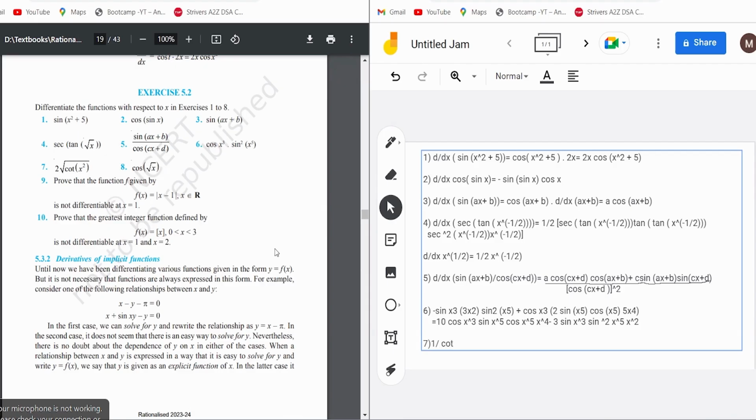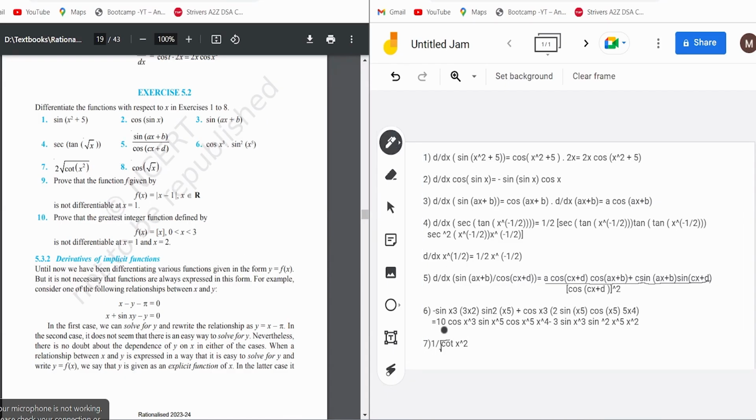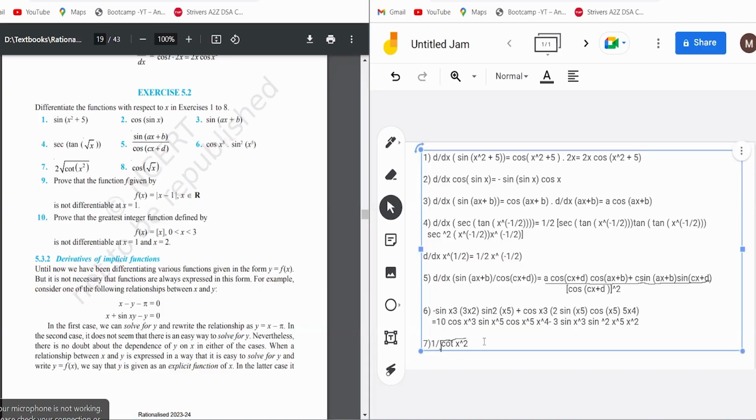Cot of x square. इसका root मतलब let me draw the root. Okay, so it would be 2 times 1 upon 2 root of cot x square. So 2 and 2 will cancel out and we will get this. Now moving ahead, differentiation of cot of x square.